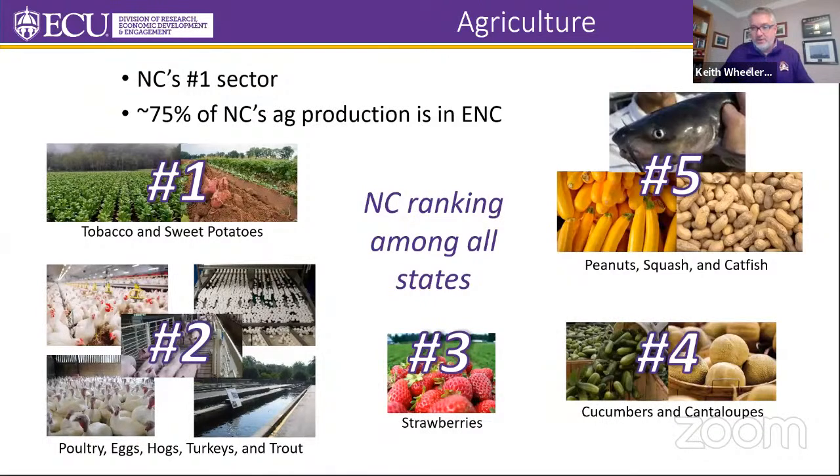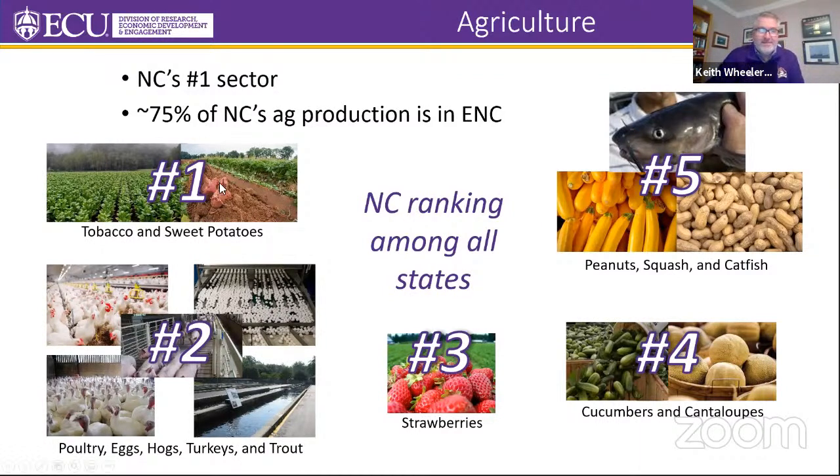Most of the time it's larger industry, and not a lot of folks know, at least I didn't really know, that agriculture was our state's number one sector. A lot of folks don't understand that I've heard anywhere from 60 to 75% of the production is east of I-95, which is Eastern North Carolina, in ECU's front yard.